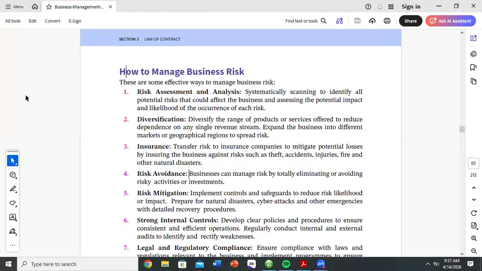A risk avoidance strategy may be that you don't manufacture blocks during the rainy season, right? You want to totally avoid the issue where rains will come and destroy whatever concrete you are mixing. Or if you're a contractor who is building, you avoid building in the rainy season. That is risk avoidance, right?